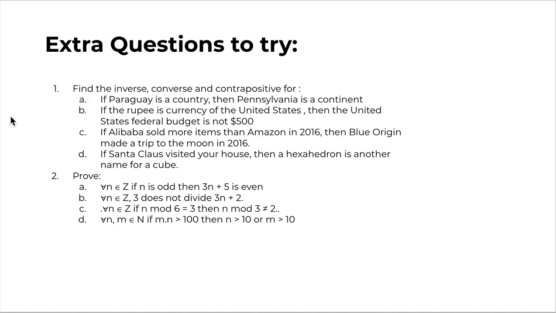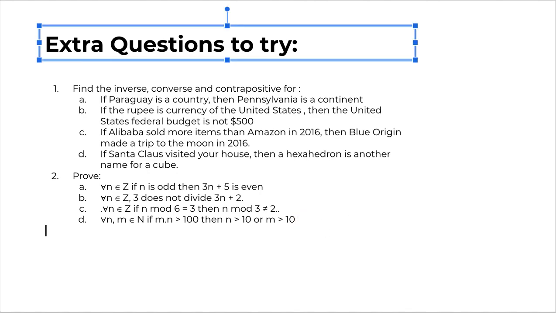The third one is that if n mod 6 is equal to 3, then n mod 3 is not equal to 2. So what this means is, when you say n mod 6 is 3, you're essentially writing it down as, I'll just write it down here. So if I'm saying n mod x is equal to y, then I'm saying that n minus y is divisible by x.